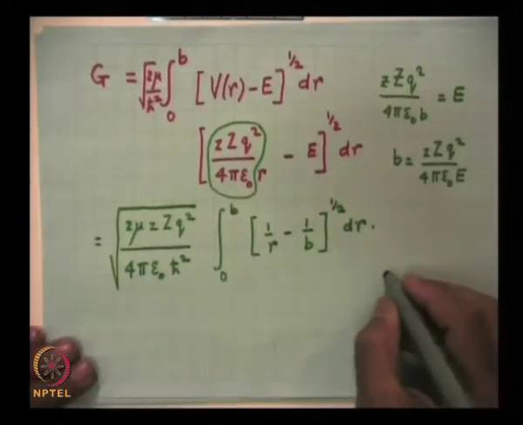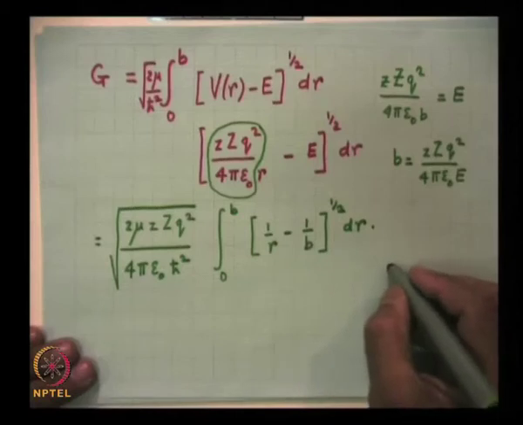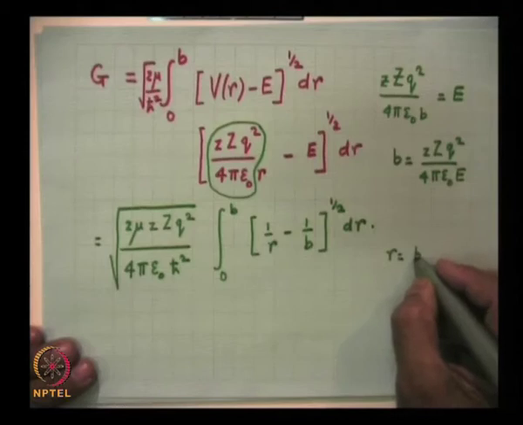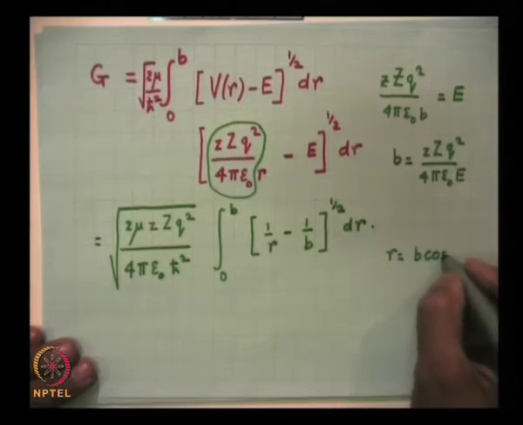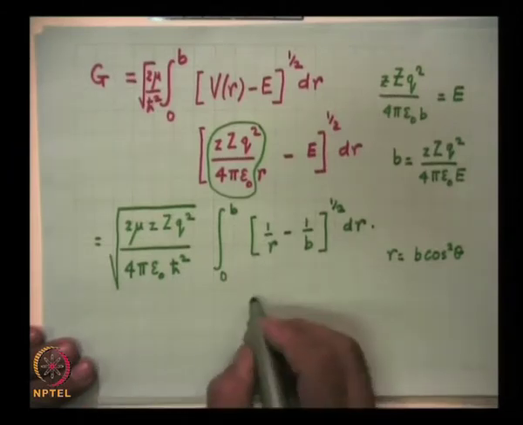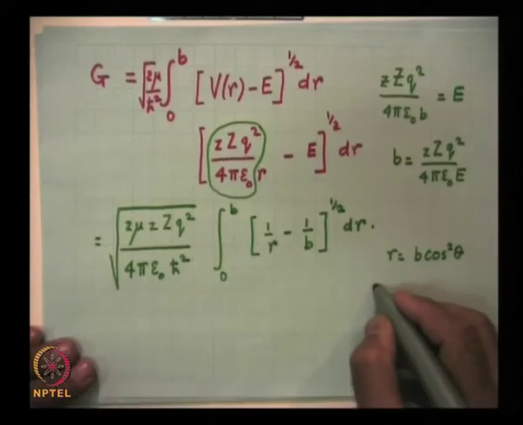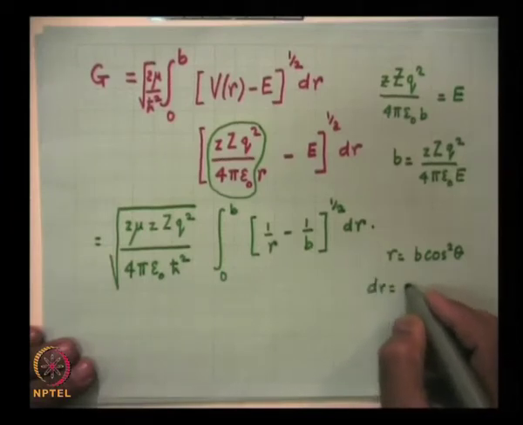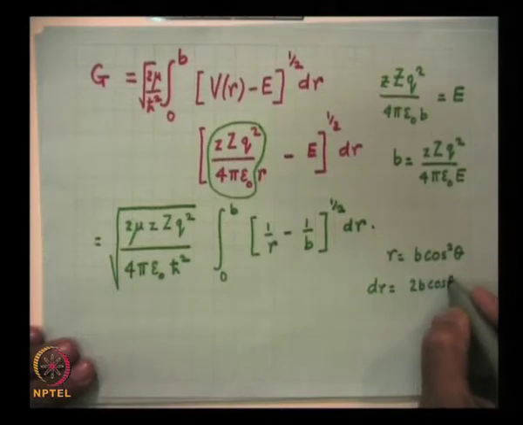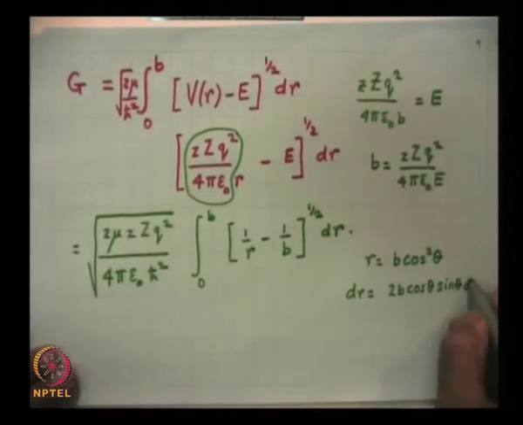So, we write down r is equal to, let me do this, although it is a very simple integration, r is equal to b cos square theta. I will just consider the integrand. So, dr becomes 2b cos theta sin theta d theta with a negative sign.